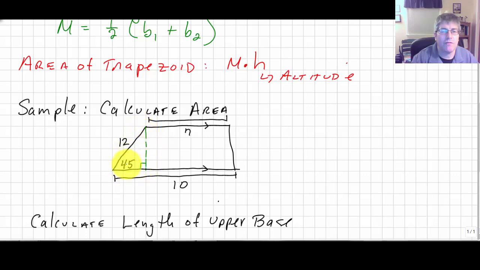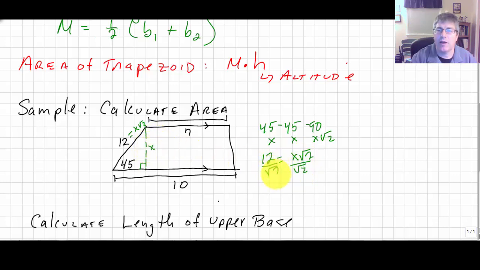This angle is 45 degrees, so we have a 45-45-90 right triangle here, where the 12 is the x radical 2 side. In our 45-45-90, our lengths are x, x, and x root 2. So 12 is the x root 2. We want to find that x side.